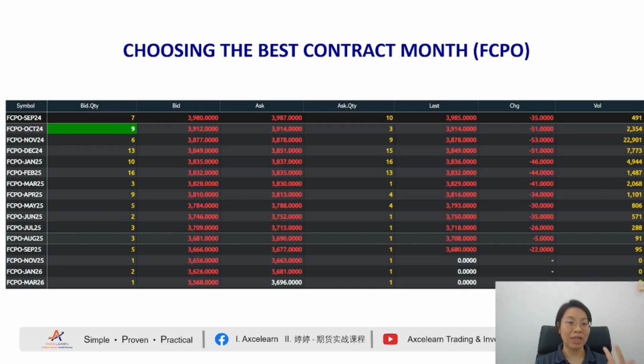It's very hard for you to get out from the market because the bid and ask might be far. You can see that this bid and ask is 84 to 88, meaning you need to forgo 4 points. But if you're trading the November contract month, can you see that it's only 1 ringgit Malaysian difference per metric ton.